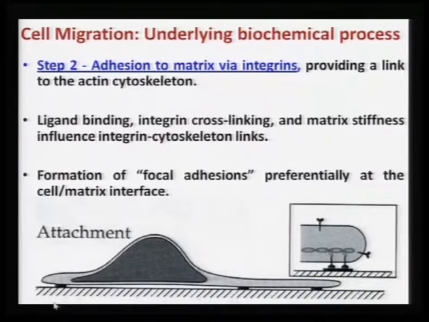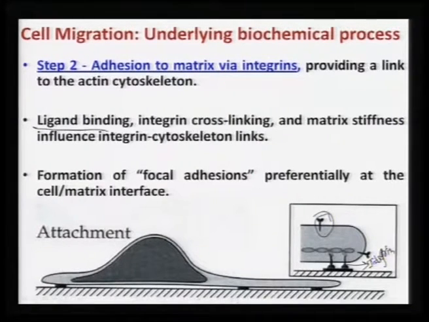Step 2 is the adhesion to the matrix via integrins. These are your integrin proteins, one particular type of cell surface receptor. You can see these integrin proteins directly interact with the actin filaments, providing a link to the actin cytoskeleton.